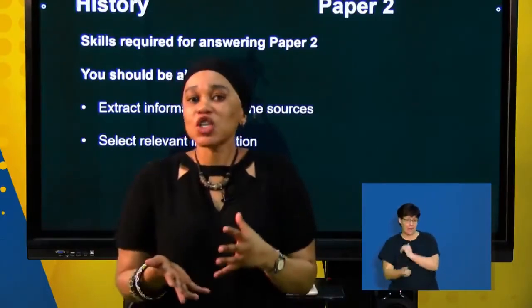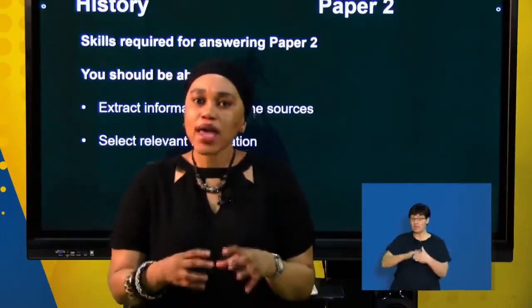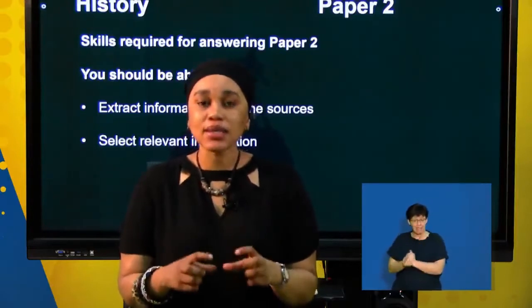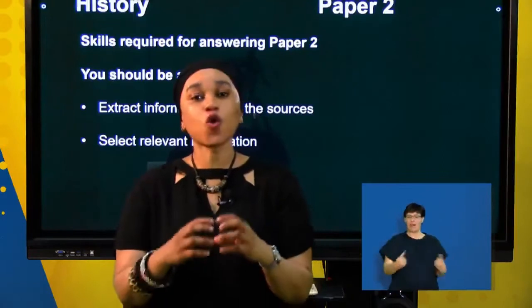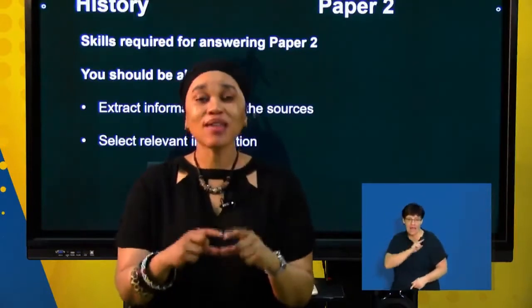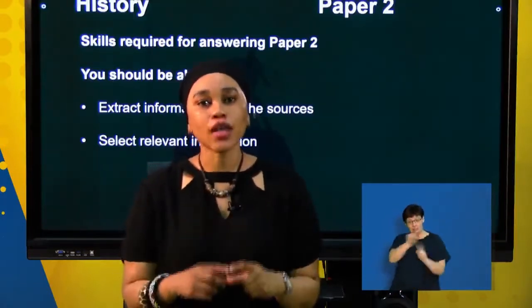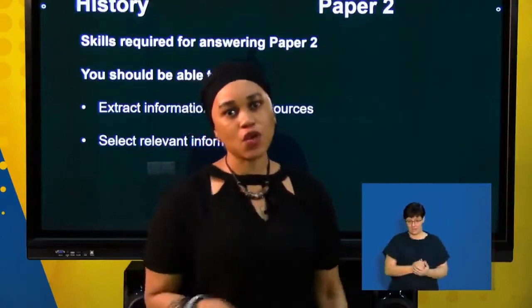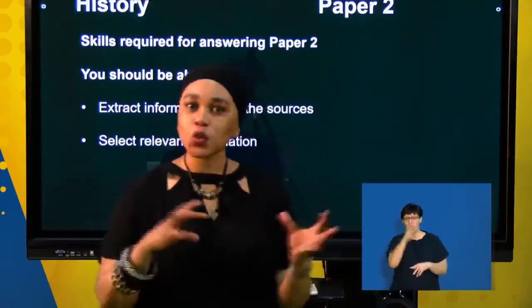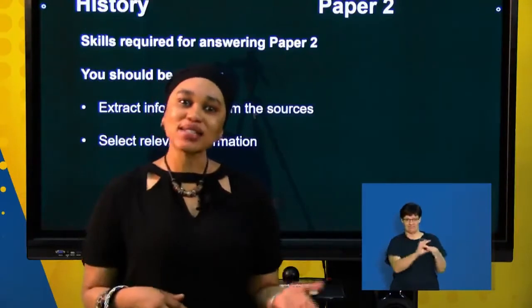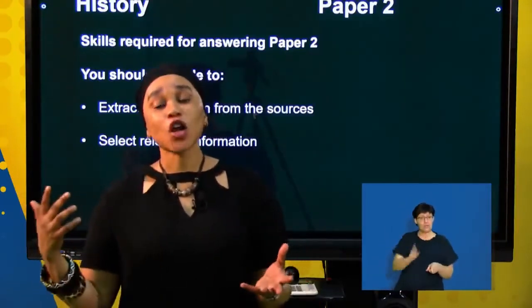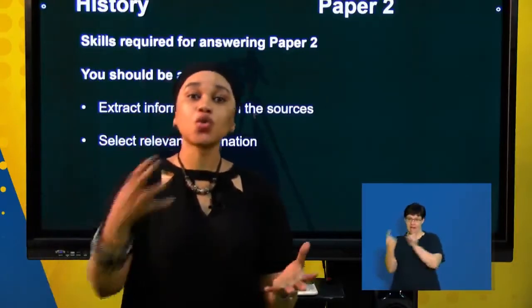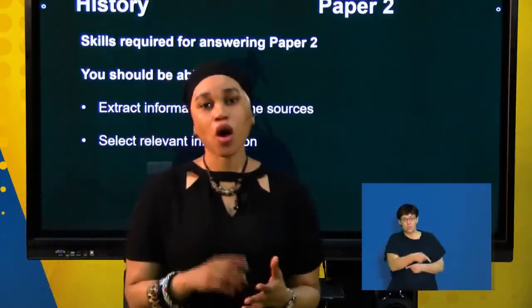So if the question is asking you for the reasons why a particular thing or event happened, you can't answer that by just giving a date. You have to look for the specific thing that the question requires you to give. That is very important, guys. So remember, those things work hand in hand. It's your understanding of the sources and being able to understand the questions and do what the questions require you to do.